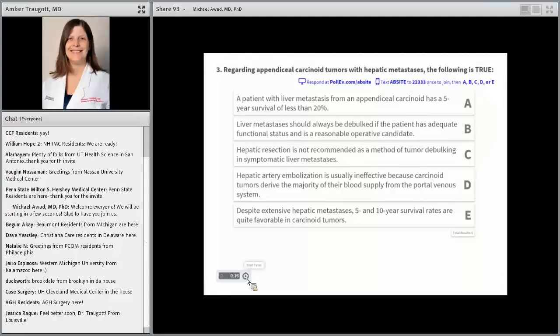C, hepatic resection is not recommended as a method of tumor debulking in symptomatic liver metastases. D, hepatic artery embolization is usually ineffective because carcinoid tumors derive the majority of their blood supply from the portal venous system. And E, despite extensive hepatic metastases, 5 and 10-year survival rates are quite favorable in carcinoid tumors.